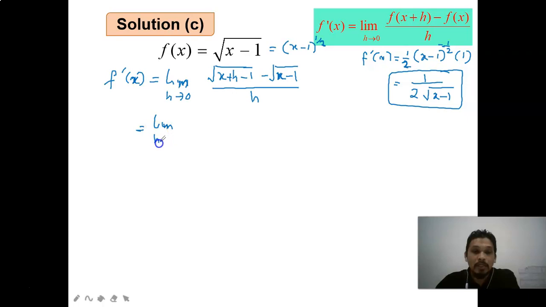What we are going to do next is limit of h approaching 0. First copy all this again: square root of x plus h minus 1 minus square root of x minus 1, and everything divided by h.